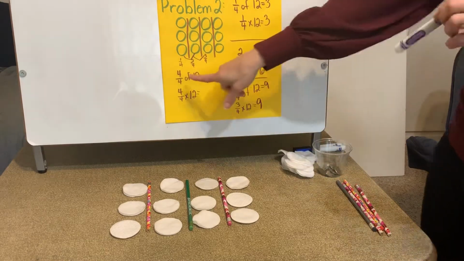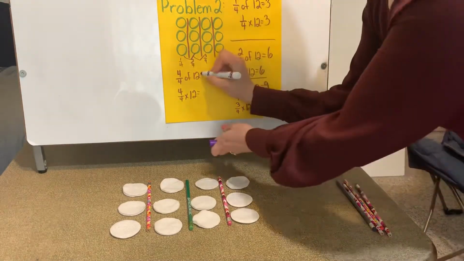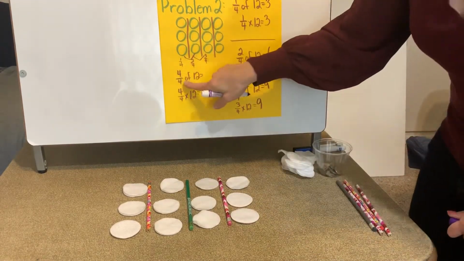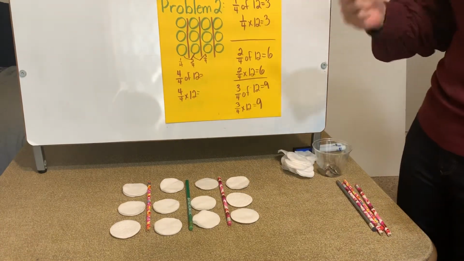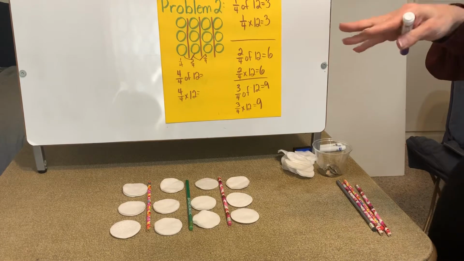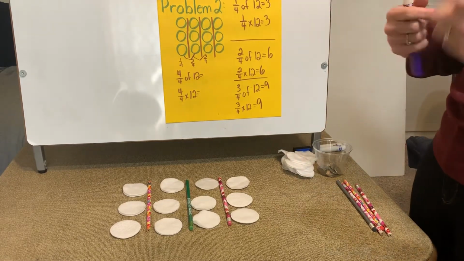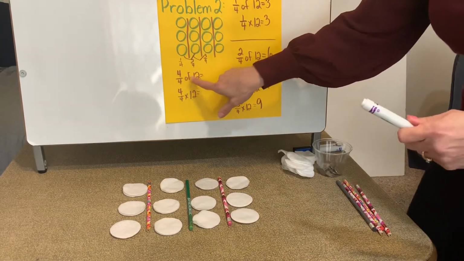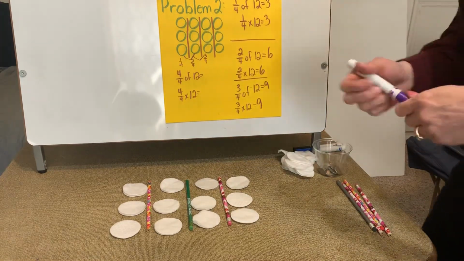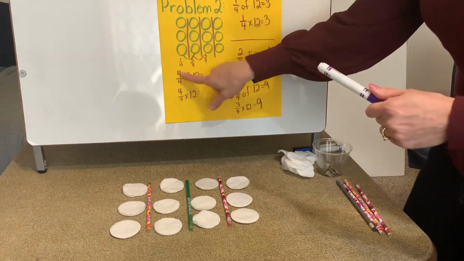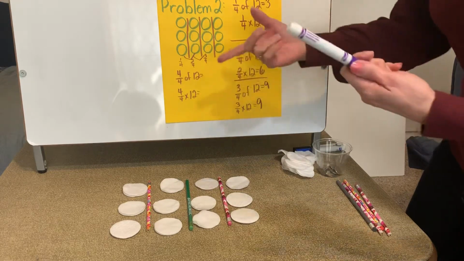All right, 4/4 of 12. Well, again, I'm noticing that my numerator and denominator are exactly the same. And I know when the numerator and denominator are exactly the same, it equals 1. All right, so 1 times 12, I know is 12. So the whole thing of 12 would be 12.